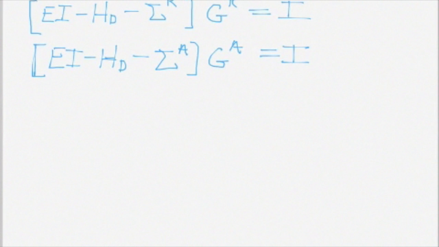And so inverses always commute. So I could equally write GA on the left or GR on the left.